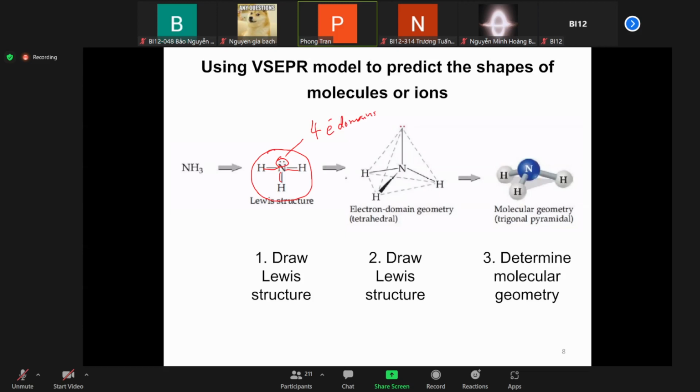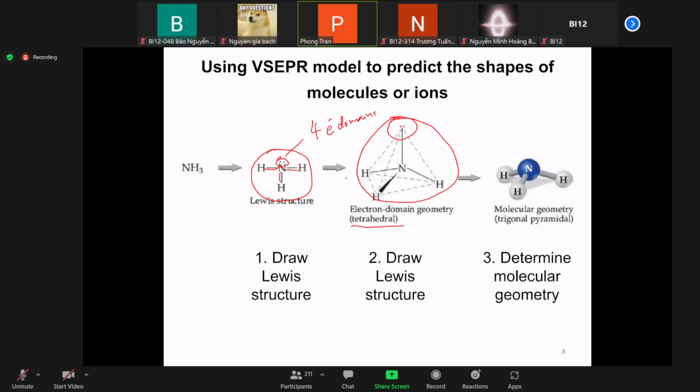So when you have 4 electron domains, the best arrangement will be tetrahedral, as we know from the previous slide. So in reality, the lone pair of electrons is something you can imagine, but experimentally you cannot observe. So that means when we consider the number of electron domains, we should consider the non-bonding electrons.